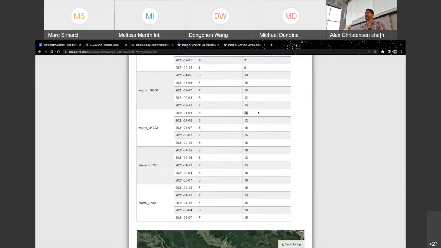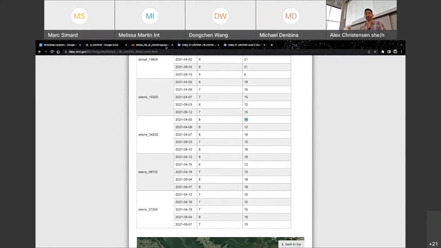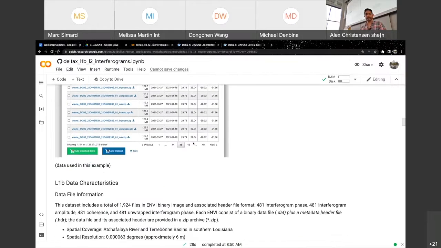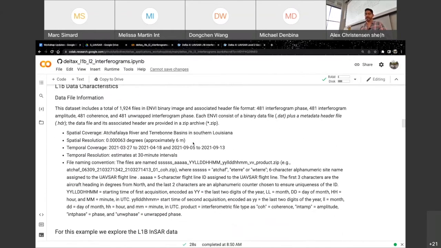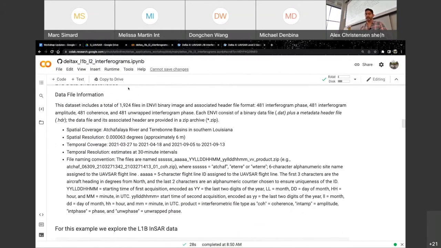And these 18 interferograms, all of them are maps of change from the surface that were estimated by comparing these 8 acquisitions against each other. So characteristics of this data set, it's very similar to the data set before, binary in ENVI format that can be opened in QGIS.